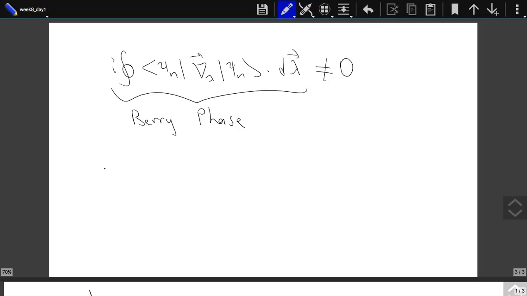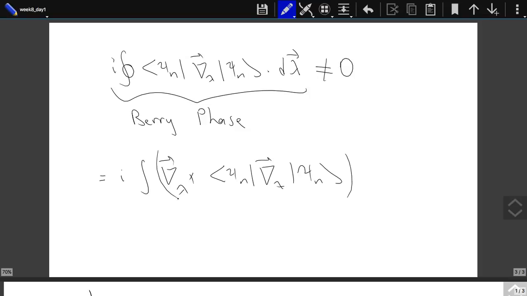So this thing is equal to i times some kind of a curl with respect to your parameters of this psi n dot dA. So if the area goes to 0, this phase goes to 0. In a single parameter, you cannot have this Berry phase, but if you have more than one parameter, you can have this Berry phase.